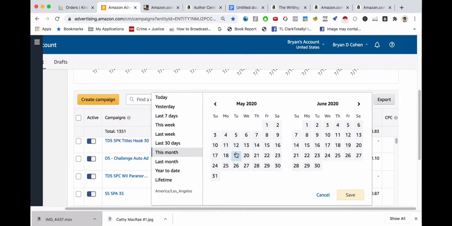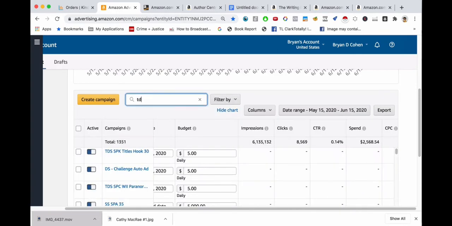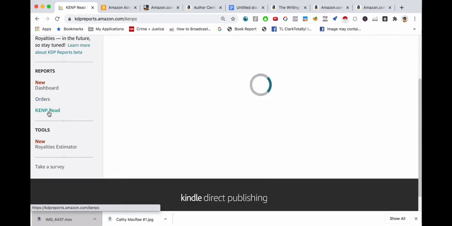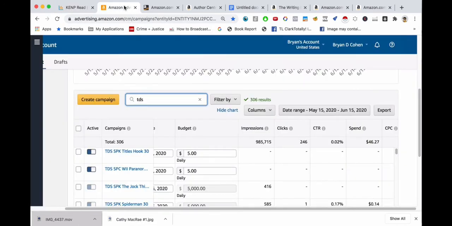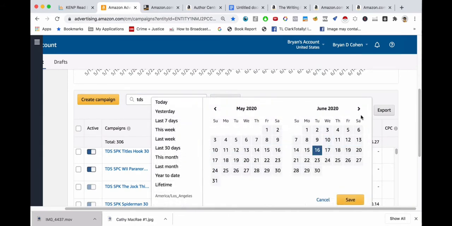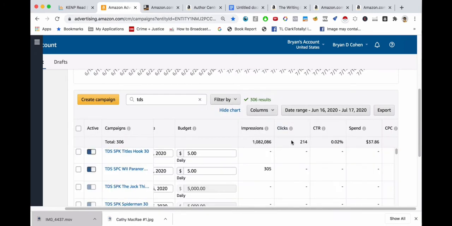So I'm going to look here at something like May 15th to June 15th, save, and I'm going to look at my conversion rate here. I'll compare that with the orders and the KU pages. And then if I made the change after then, I will go from now the 16th to today, save, and look at what is my conversion rate now.